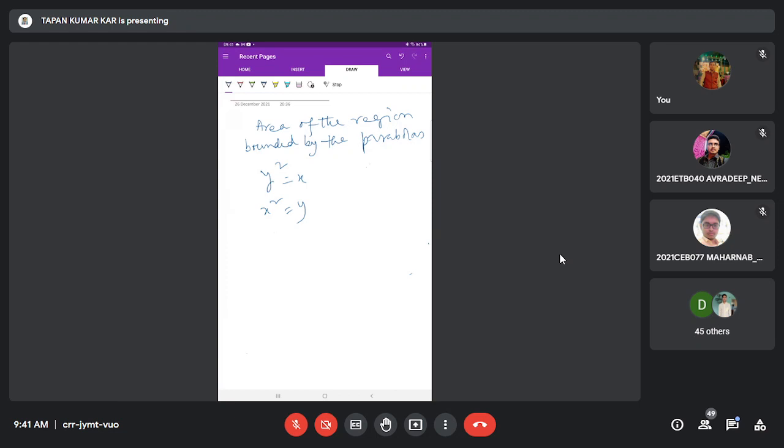In that case, I would always suggest you first draw the area represented by the curves. Then it will be easier to evaluate.